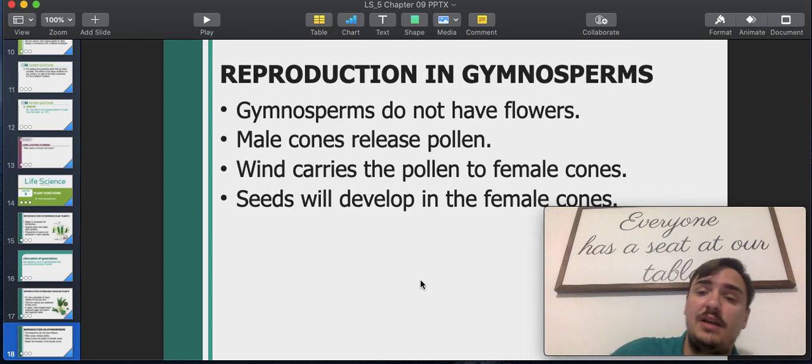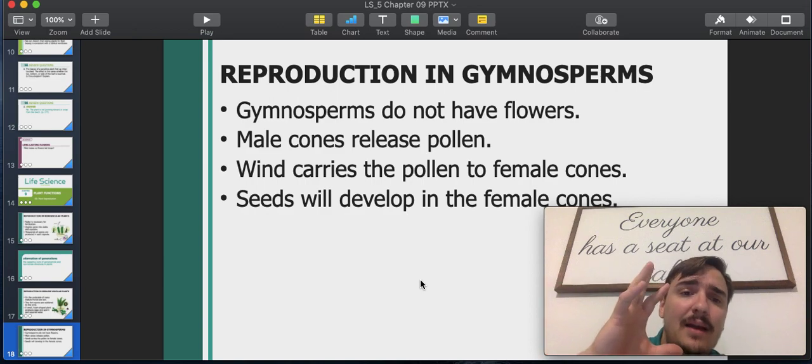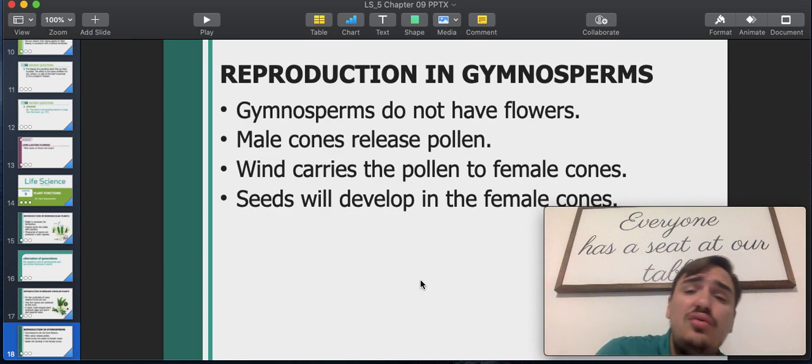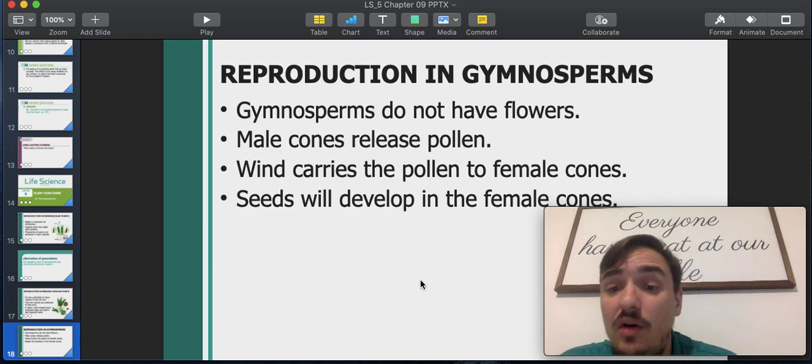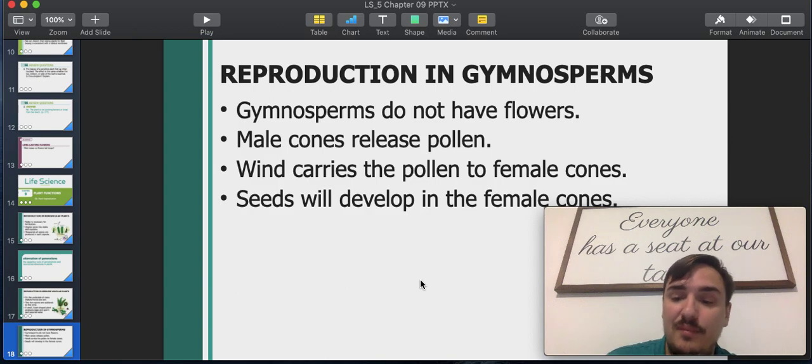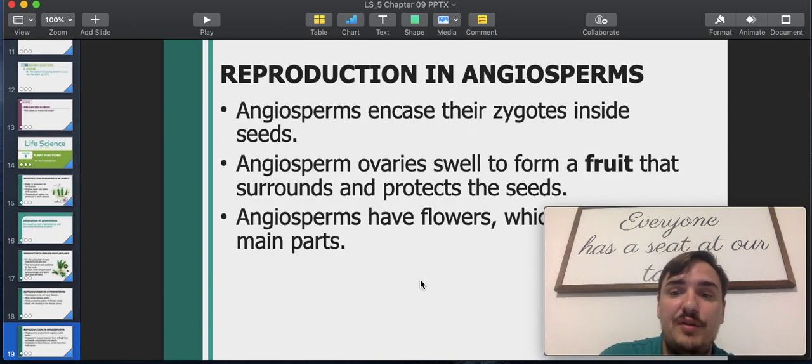So the wind comes in, blows the pollen off the pollen cone, and it releases huge amounts of pollen. And they hope, since they release so much, that eventually some of that pollen reaches another cone, the seed cone, and allows for fertilization. So that's how gymnosperms reproduce.